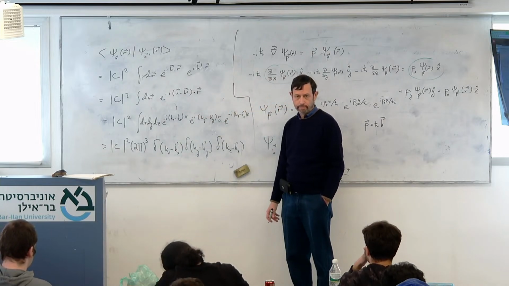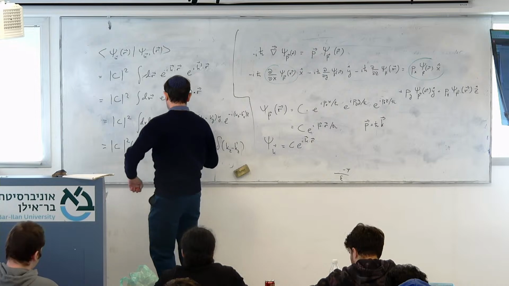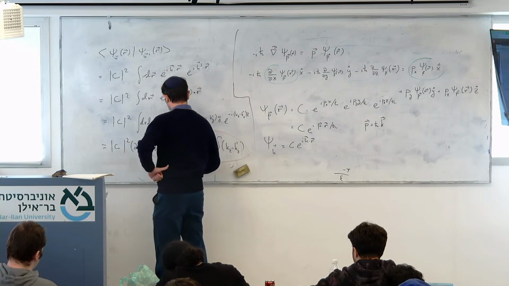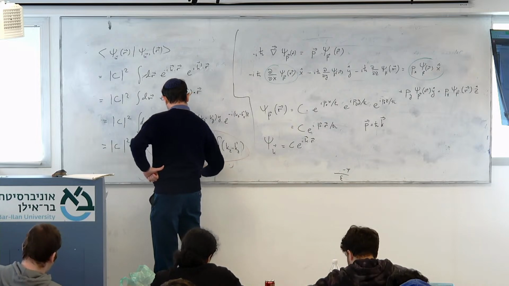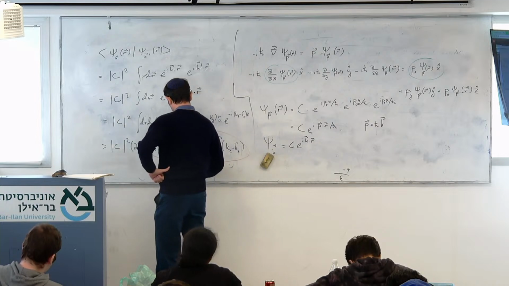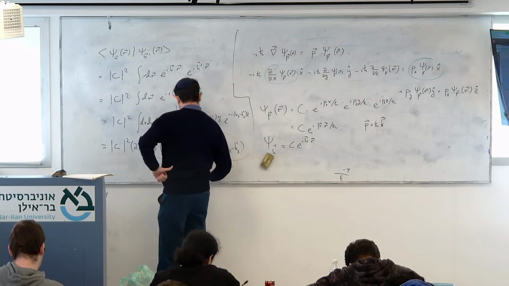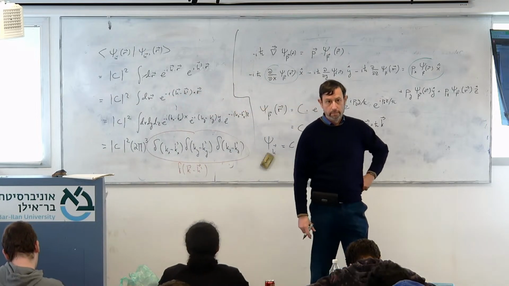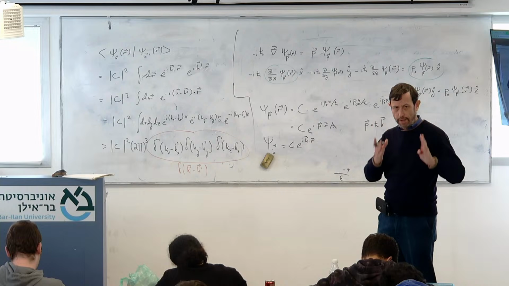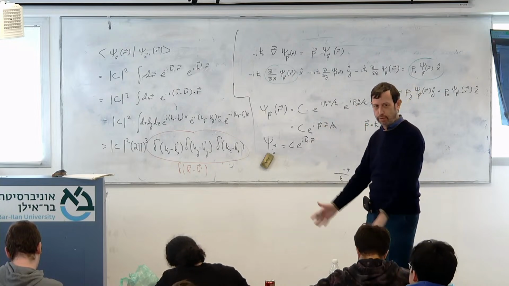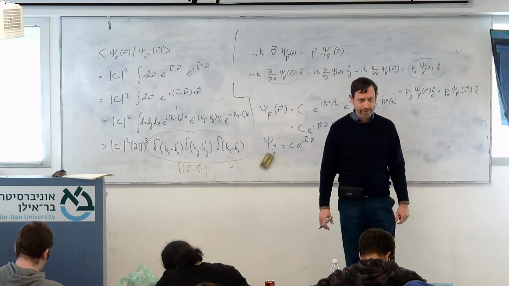Good. Just the meaning of a delta between vectors: it's delta for one component times delta for the second component times delta for the third component, and if you have more components, it continues.